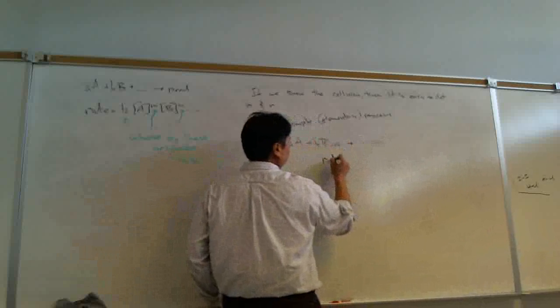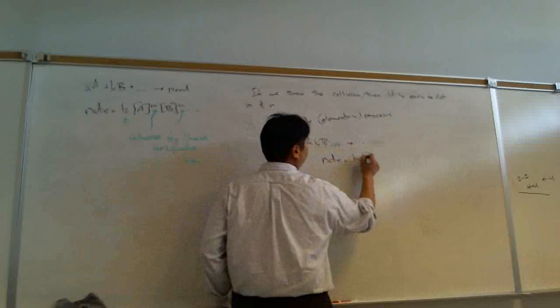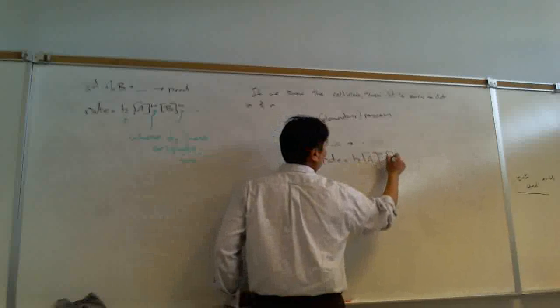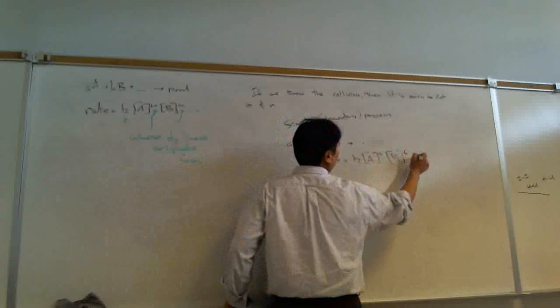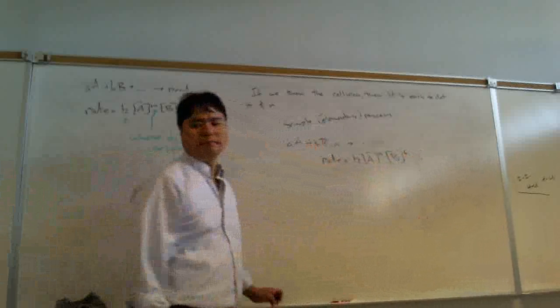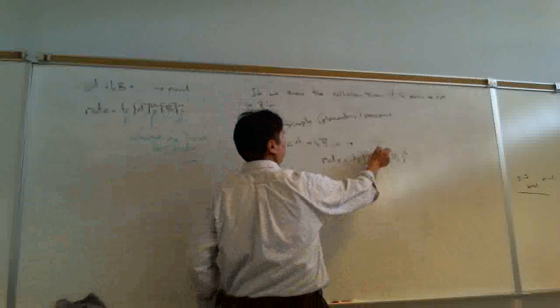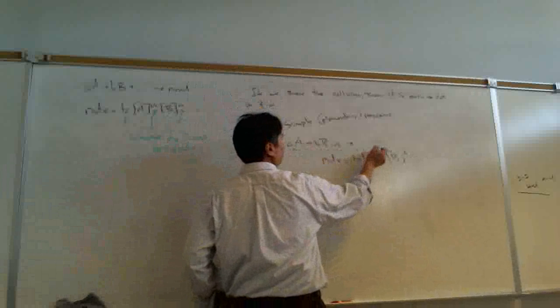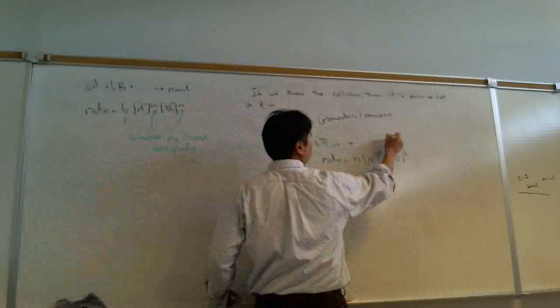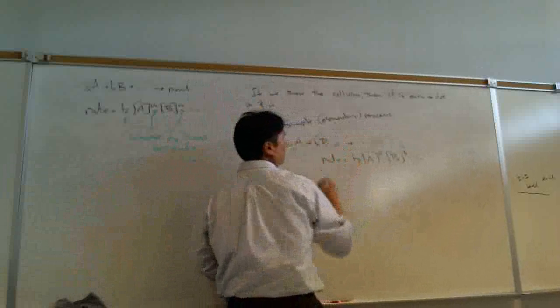The rate is just equal to k[A]^a[B]^b. And so there is a connection here between the coefficient and the order.